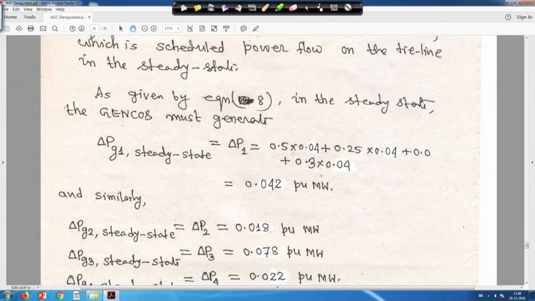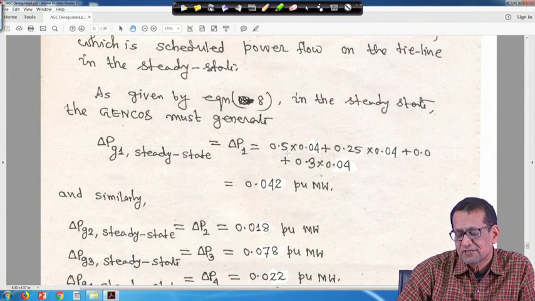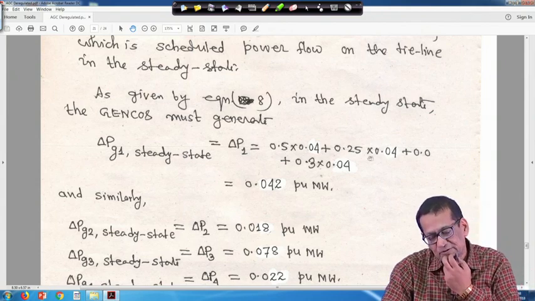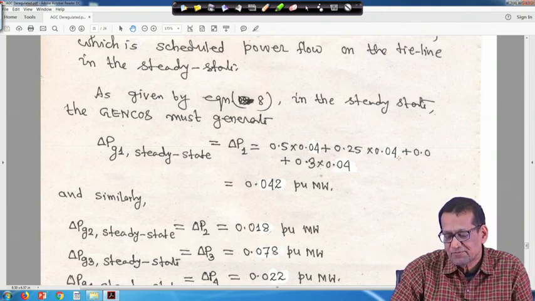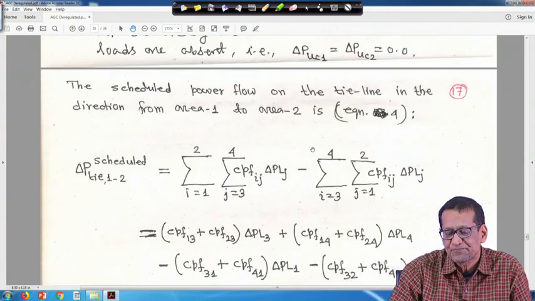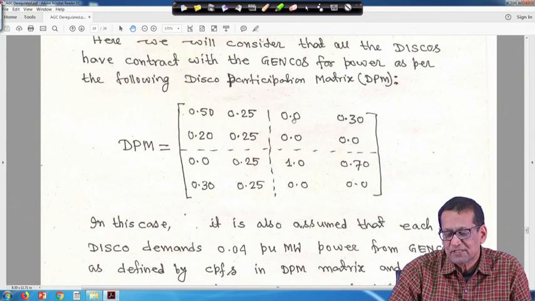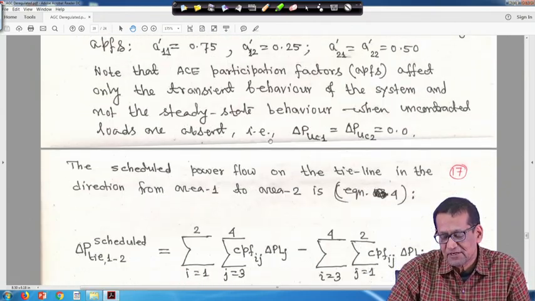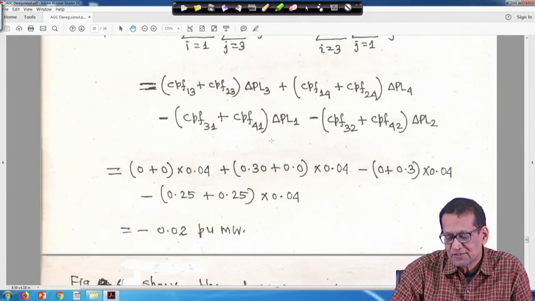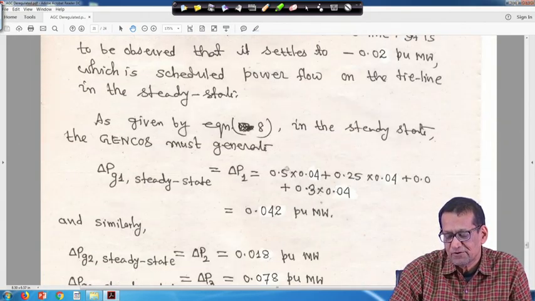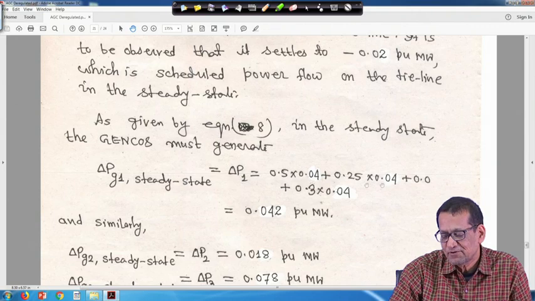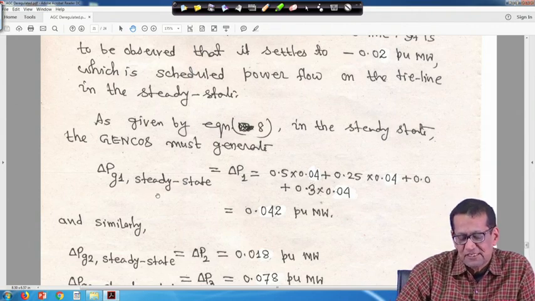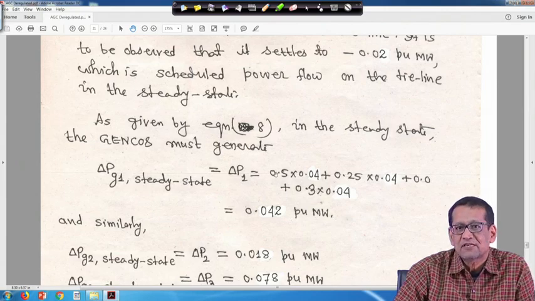So, you can easily calculate Cpf11 into delta PL1 plus Cpf12 into delta PL2 plus Cpf13 into delta PL3, where Cpf13 was 0 here, and Cpf14 into delta PL4. But delta PL1, delta PL2, delta PL3 and delta PL4 are all the same, 0.040404. So, delta Pg1 steady state will be 0.042 per unit megawatt, right.